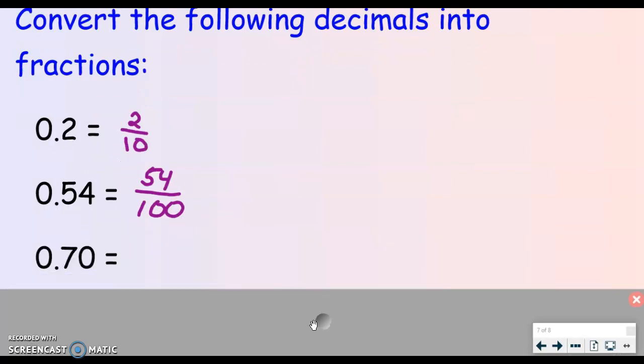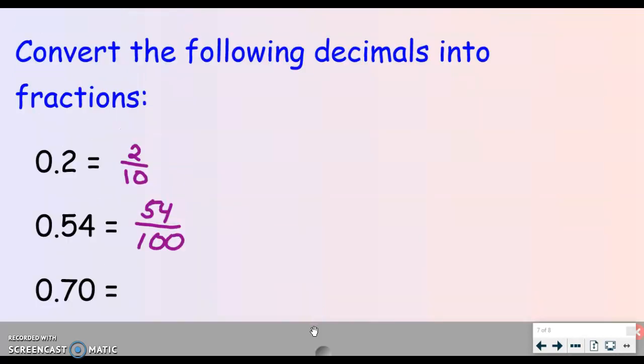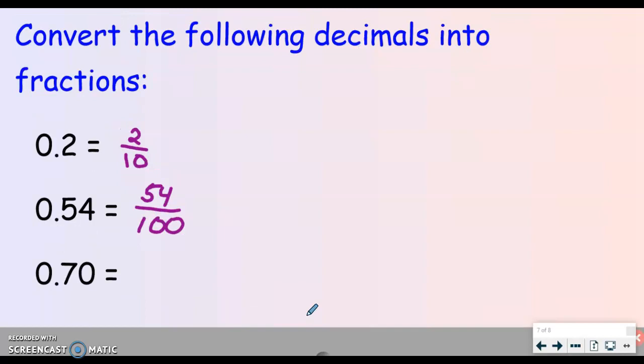All right, and let's try one more. Go ahead and read the number and convert it into a fraction. Okay, so you would read this number as 70 hundredths. So hundredths is your denominator, and 70 would be your numerator. Now, if this was on a test, they would ask you for the fraction form.